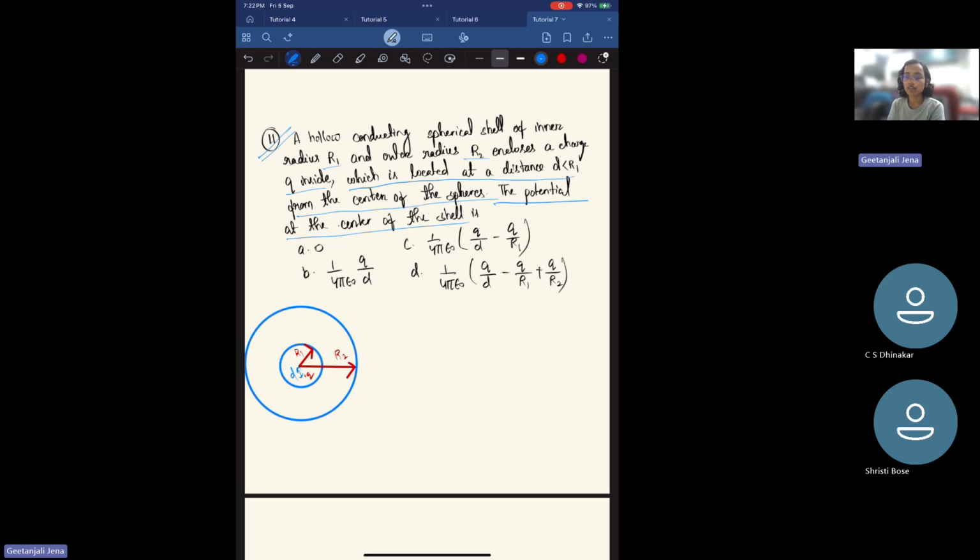So you can take that concept to find the answer. You don't need to find the electric field in different regions. Just use the concept that the potential inside is equal to the potential at the surface. To use that, you need to find the induced charge first. Then from the induced charge, you can calculate the potential.